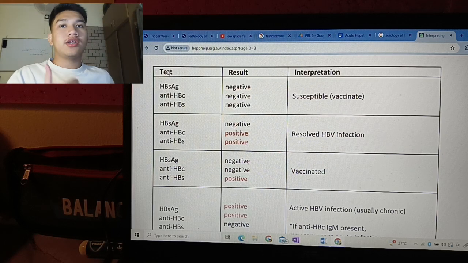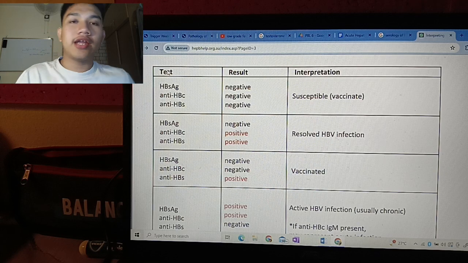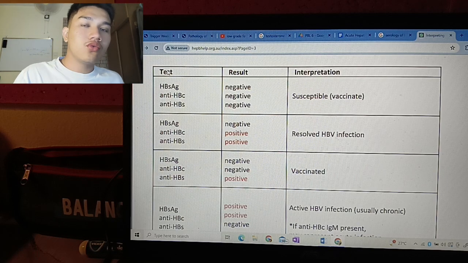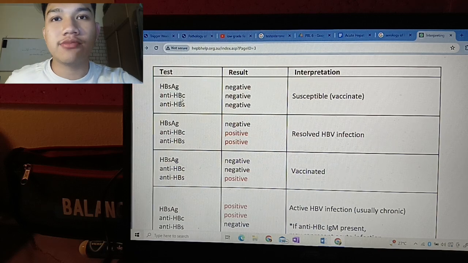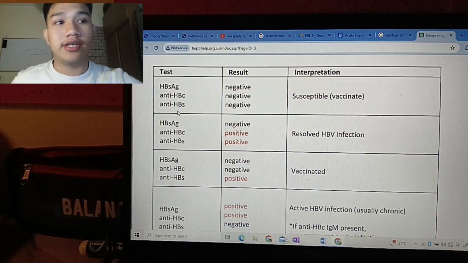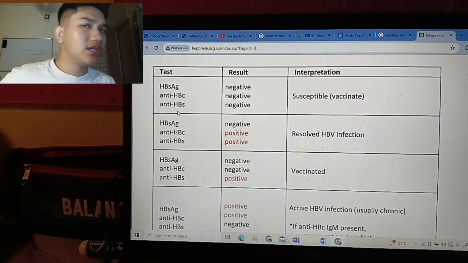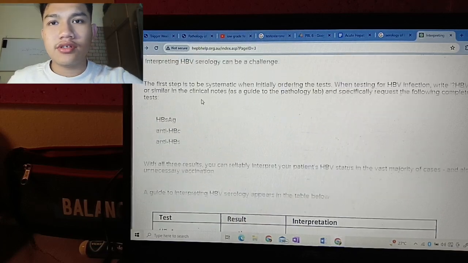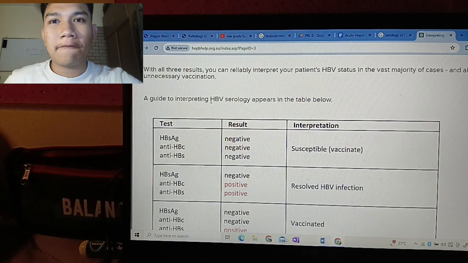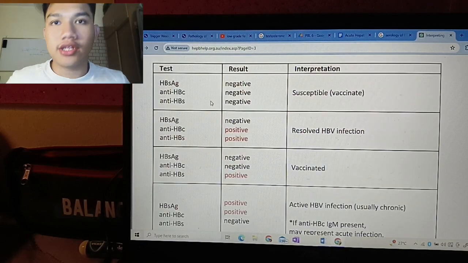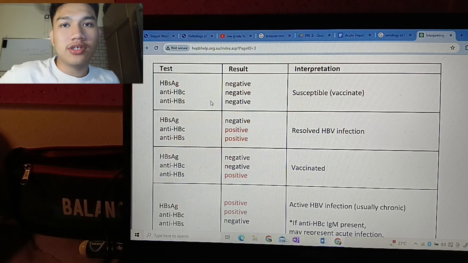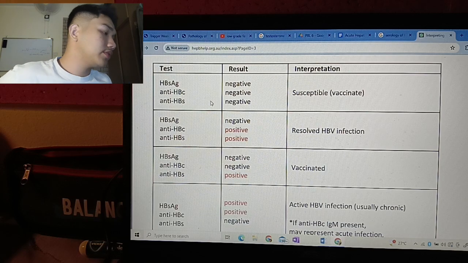Second one, antibody towards hepatitis B surface, which is anti-HBs. Anti-HBs. And the last one is anti-HBc, antibody for hepatitis B core antigen.